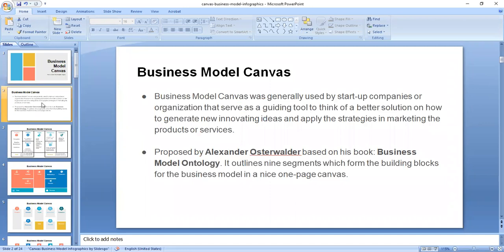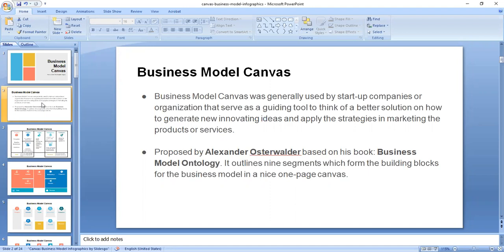Now, the business model canvas was generally used by startup companies or organizations as a guiding tool to think of a better solution on how to generate new innovative ideas and apply the strategies in marketing their products or services.